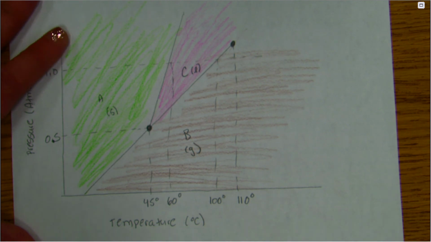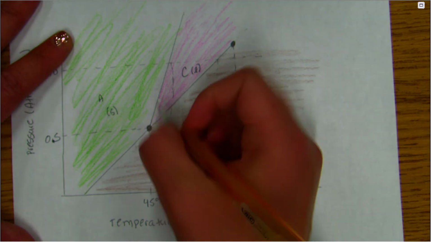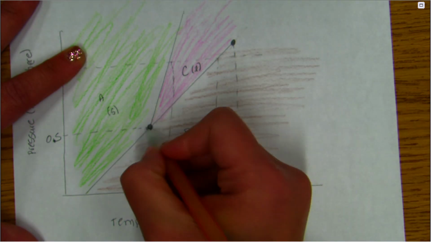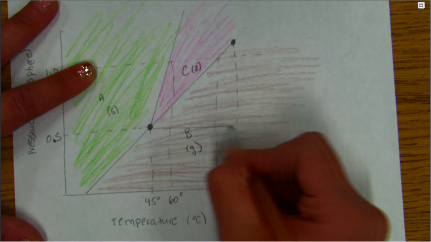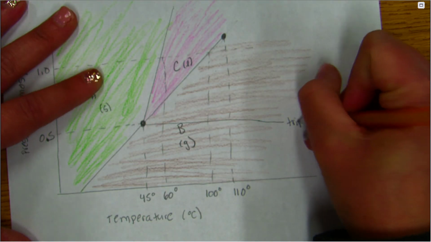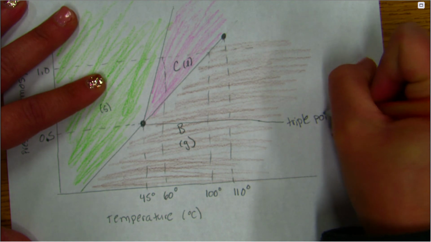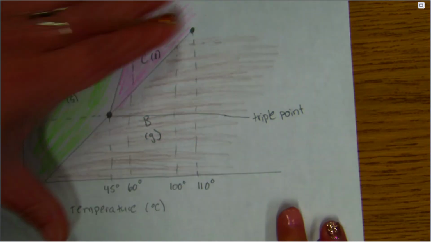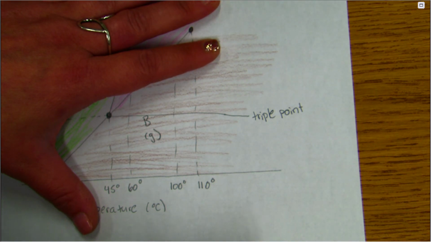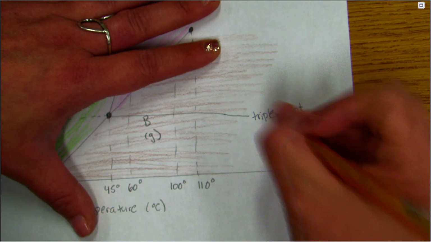All right, now it's really important to note there's a couple of other things that we can learn from this. So this point right here is called the triple point. And the triple point is the point in which all three phases exist in equilibrium at the same time.